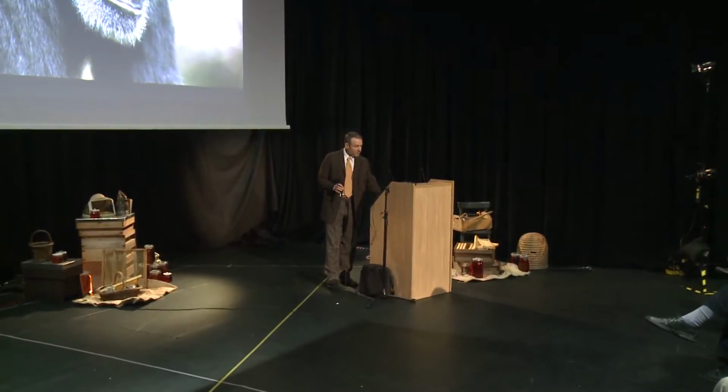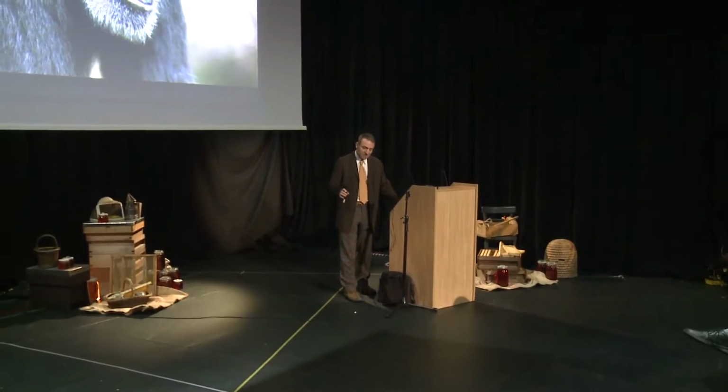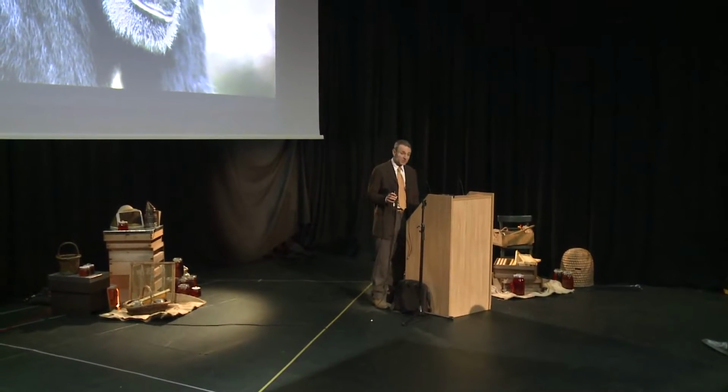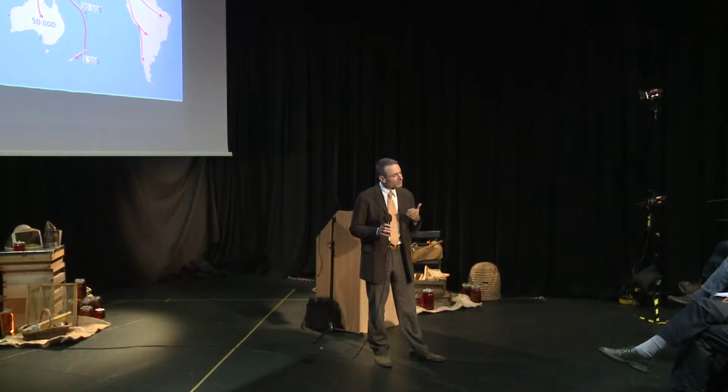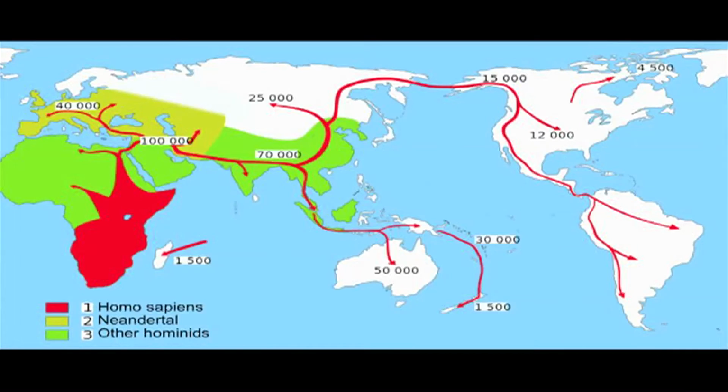We can go a bit further with the humans because there's been an awful lot of DNA sequencing undertaken with humans. And based on fossils and DNA sequences of complete genomes, not just of one but of multiple humans, scientists have put together a pattern of spread of humans out of Africa.